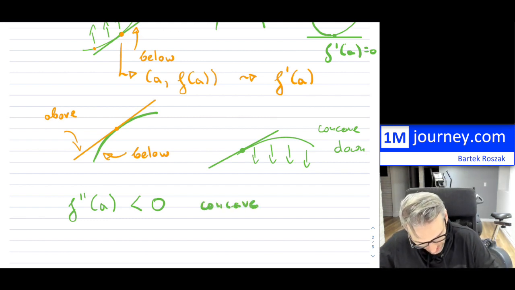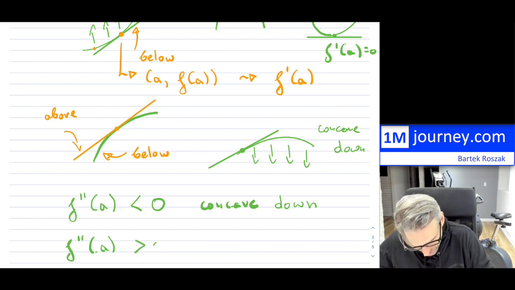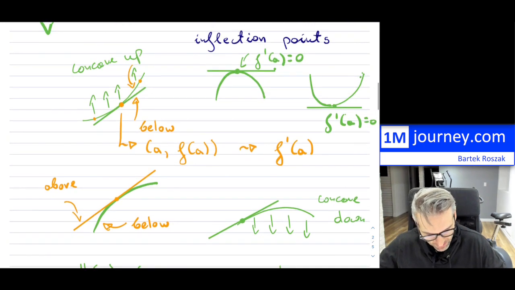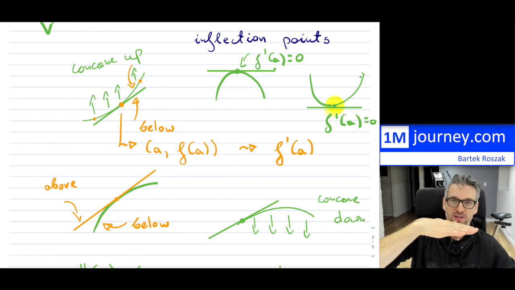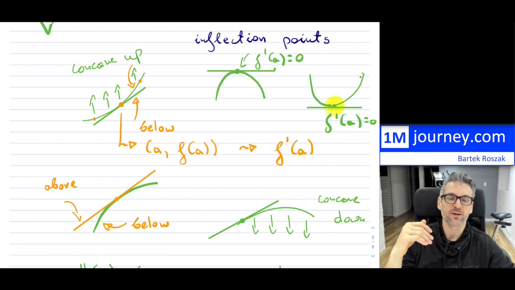And if you have your second derivative greater than 0, then this means it is concave up. So if it's concave up at a point, notice right here, the tangent is below, the function is above, so that would be a local minimum.